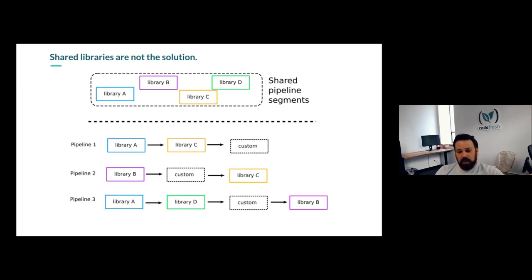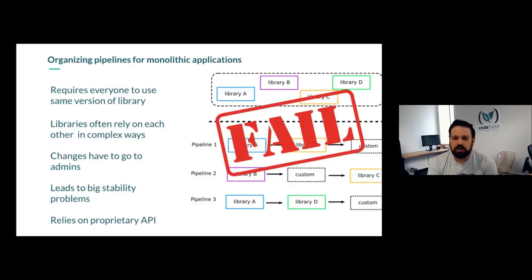Even something like Jenkins on top of Kubernetes is essentially taking a VM-based attitude into those pipelines, where I execute a job within a specific pod that has specific attributes. And the problem with these shared libraries is that they are version specific and they create conflicts. So this doesn't work.